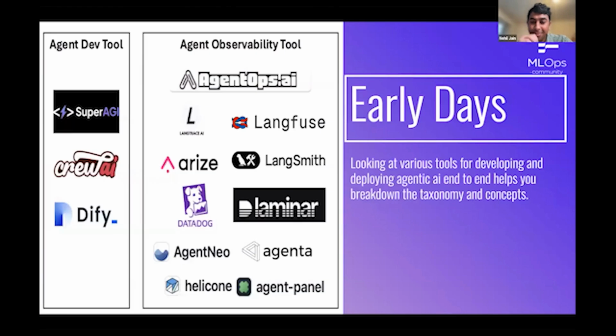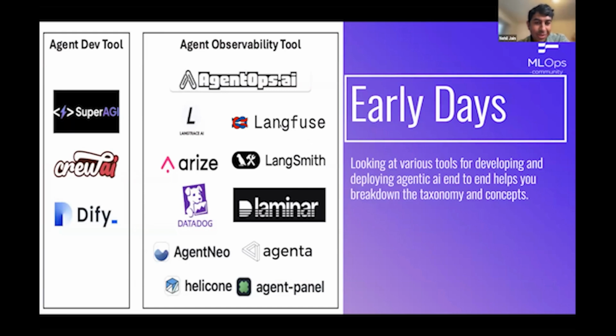And so that's why the paper chose these tools as a way to understand how to think about observability for agents. As I'm saying here, it's very early days. So the way to look at the whole lay of the land is by looking at people developing and building things in real life instead of just theoretical research. And we will solidify as time goes, I think, but this is where we are at.